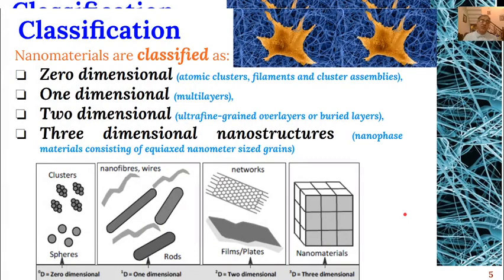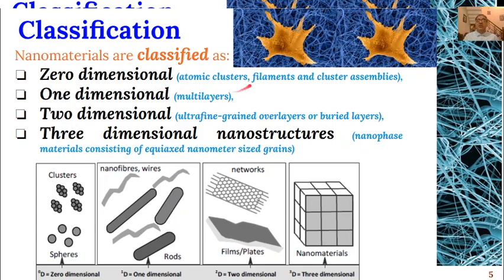The classification of nanomaterials: they can be classified into four types: zero dimensional, one dimensional, two dimensional, or three-dimensional nanostructures.